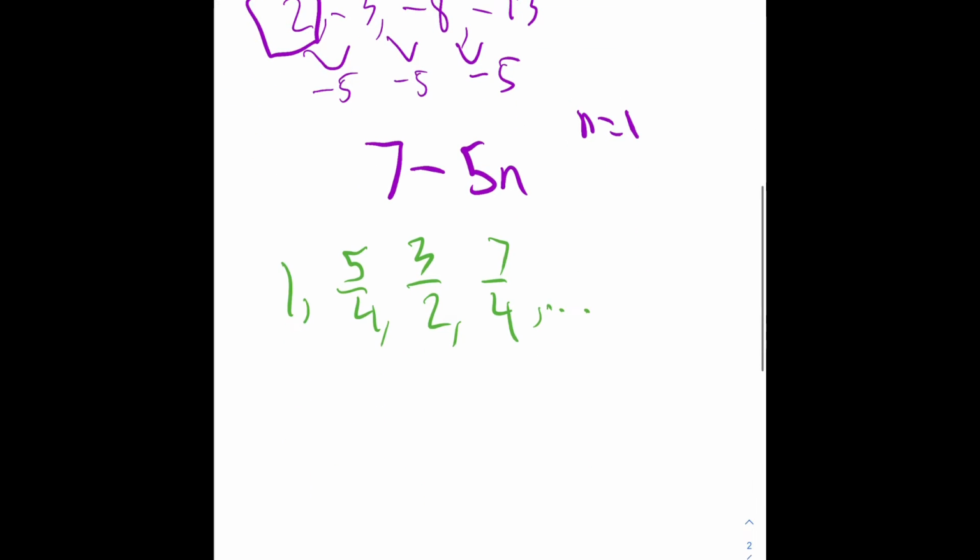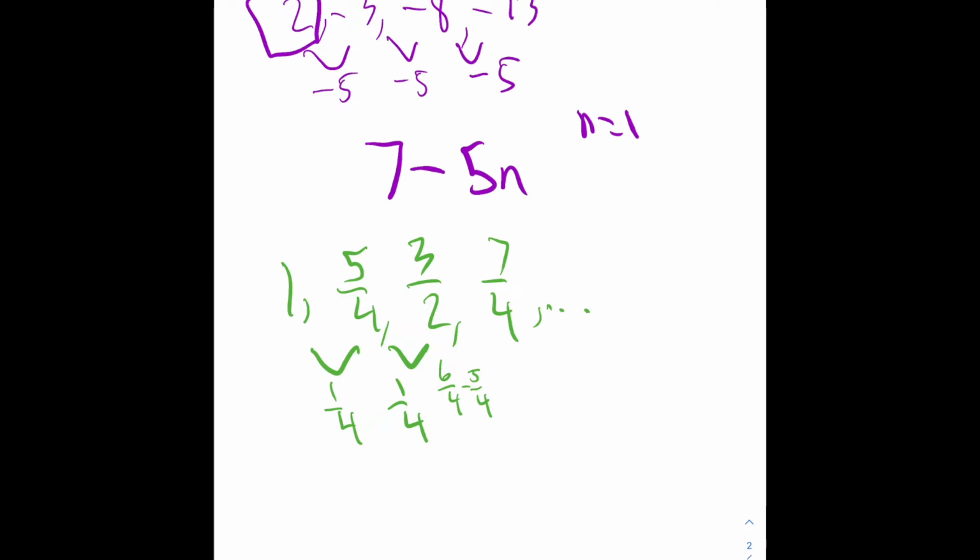So again, how do I determine this? If I take 5/4 and subtract 1, that gives me a difference of 1/4. If I take 3/2, which is the same thing as 6/4, then 6/4 minus 5/4 is a difference of 1/4.